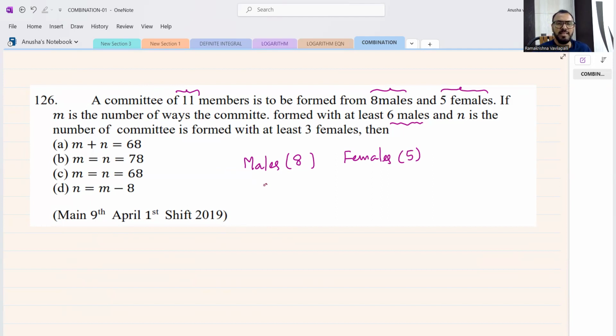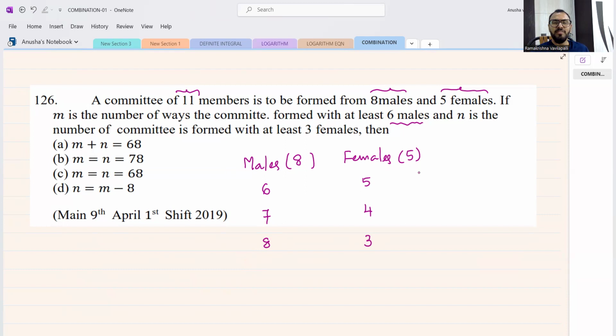So if you select 6 males, you have to select 5 females. If you select 7 males, then you have to select 4 females. If you select 8 males, then you have to select 3 females. Now, you can't select more than 8 males because there are only 8 males.